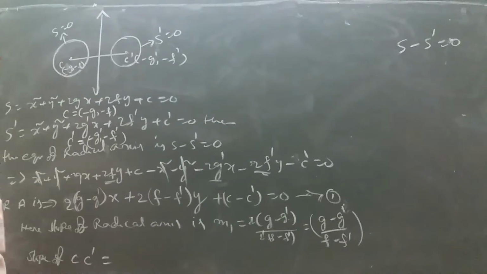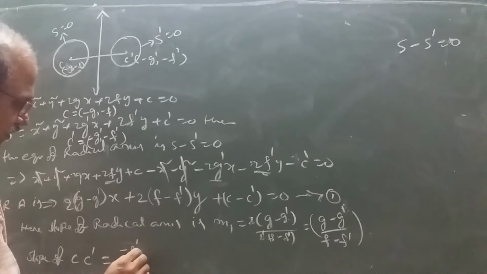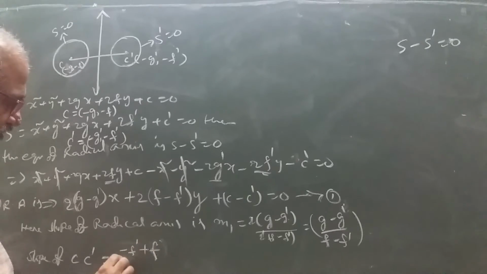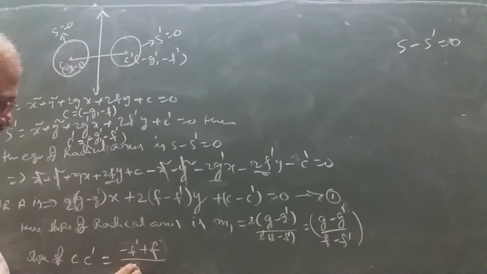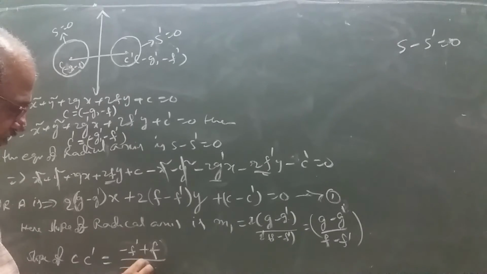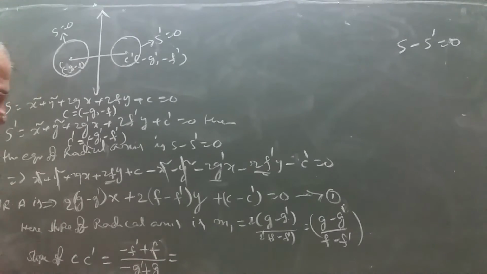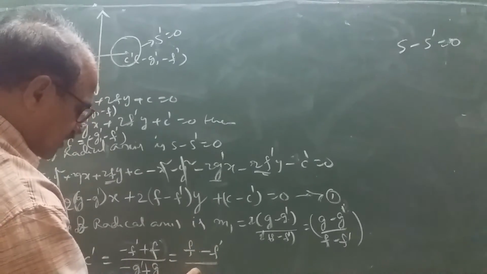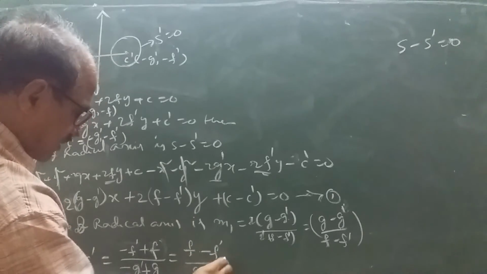Here y coordinate minus f dash minus of minus f, that is plus f, by x2 minus x1, minus g dash minus of minus g, that is plus g. This is nothing but f minus f dash by g minus g dash. Let this be m2.